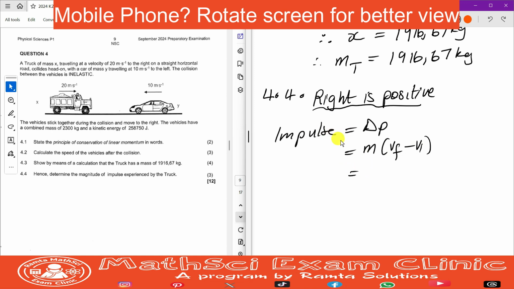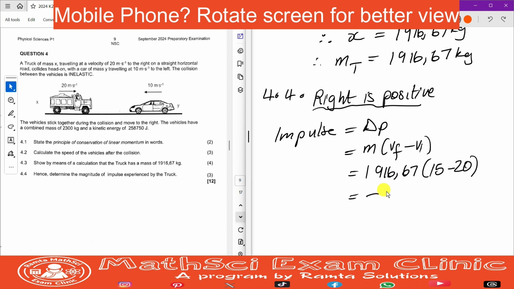What is the mass of that truck? It is 1,916.67. What is its final velocity? It was 15. And its initial velocity was 20 going to the right, so minus 20. Now, 1,916.67 multiplied by negative 5. What do we get?